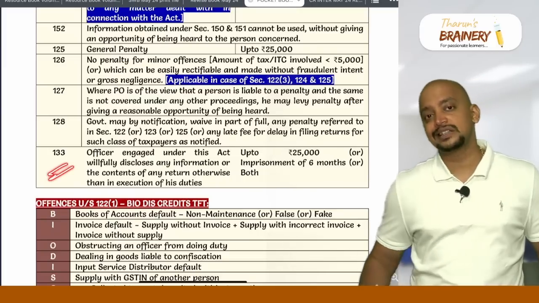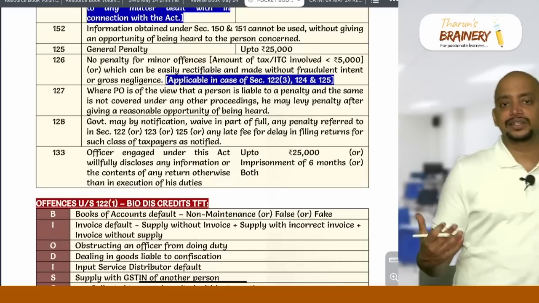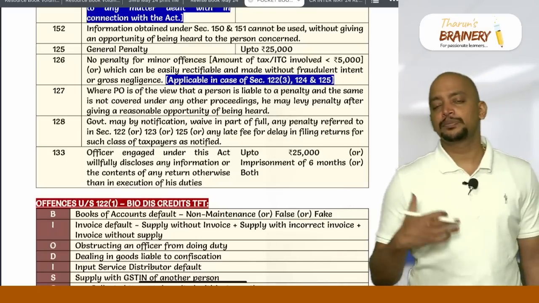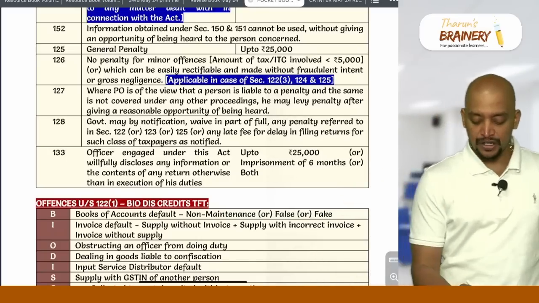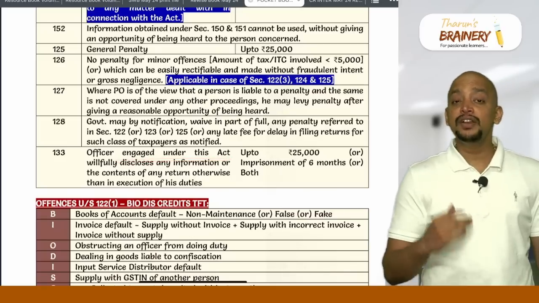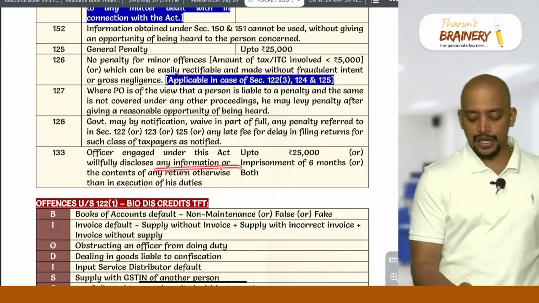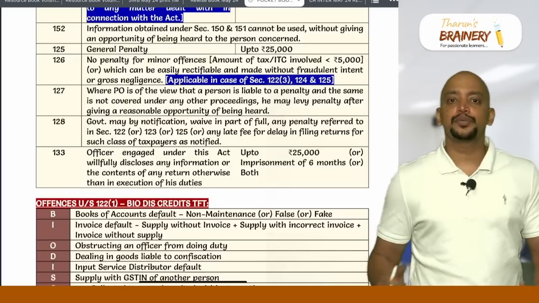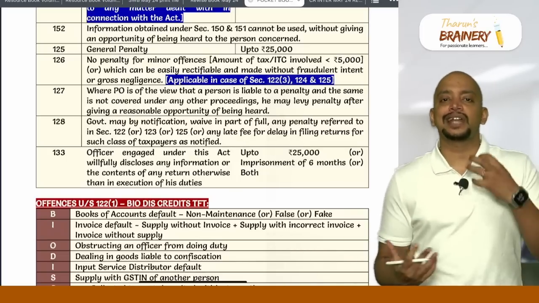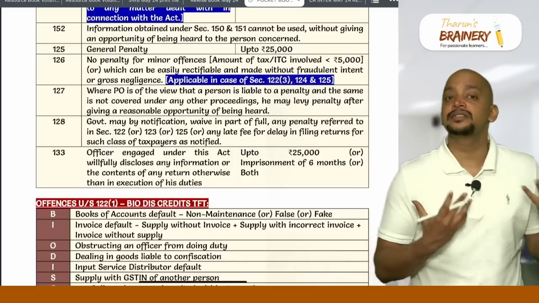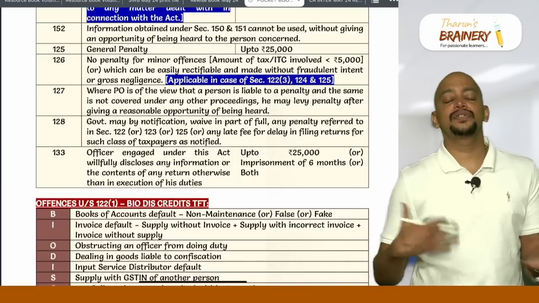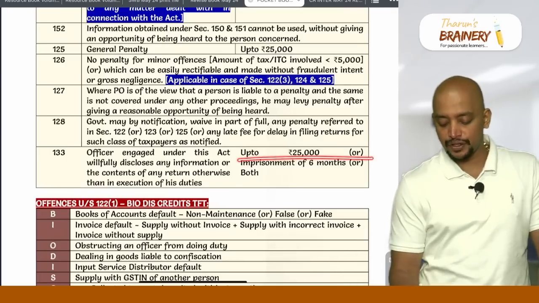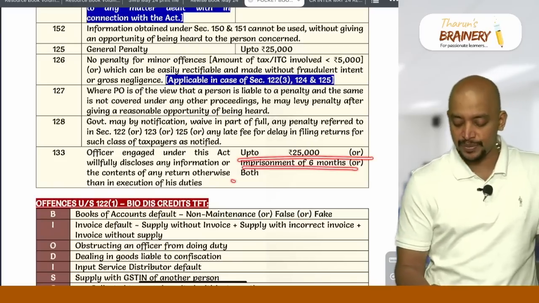And 133, this is on the officer who is engaged with respect to certain duties under GST law, either the government officer or the person who is working in the GST portal. If an officer engaged under this Act willfully discloses any information or contents of any return otherwise than in execution of his duties, suppose he is sharing that information, the taxpayer's information in the return is sensitive information, if that is disclosed to any other person, then the penalty on the officer will be up to 25,000 rupees or imprisonment up to 6 months or both.